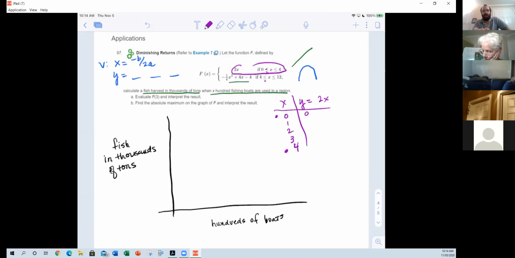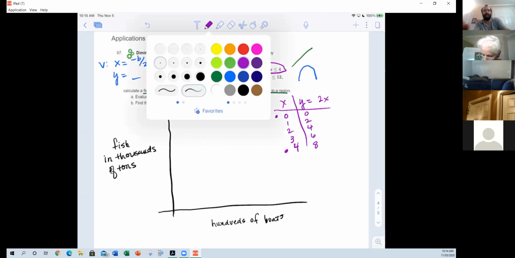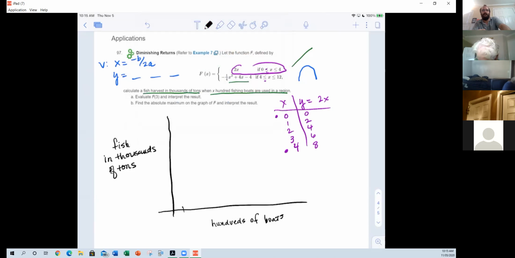So this is 0, 2, 4, 6, 8. I don't know how many dots I'm going to need, so I'm just going to do a bunch.